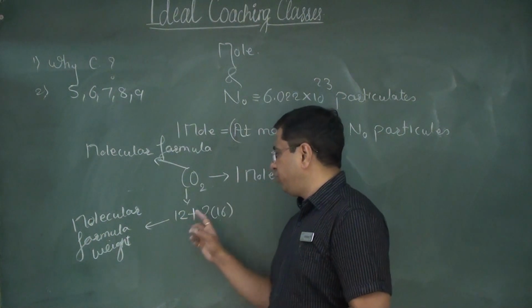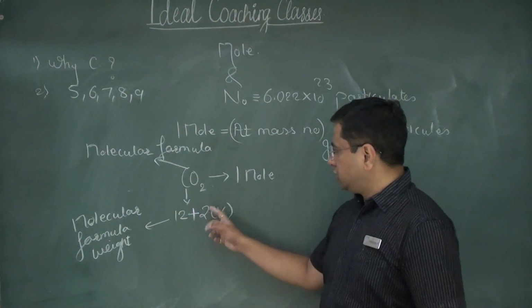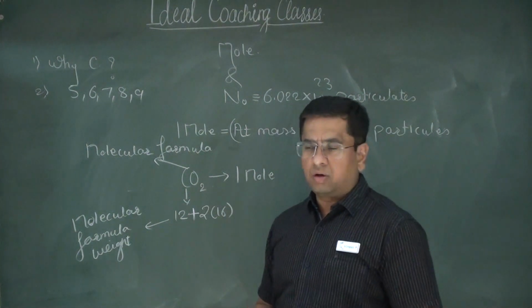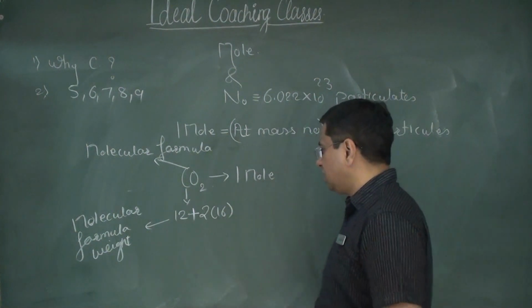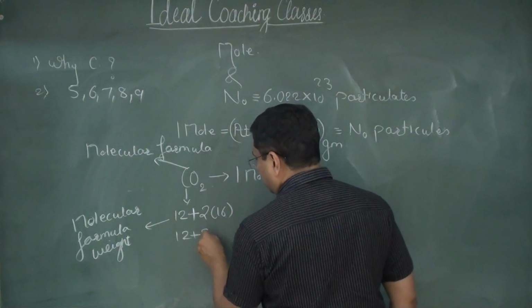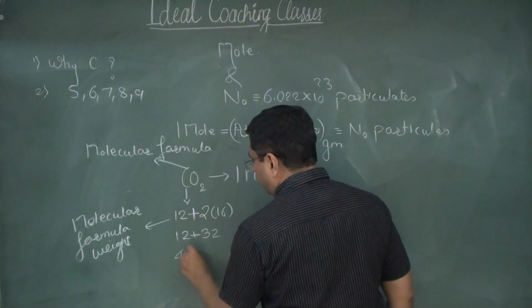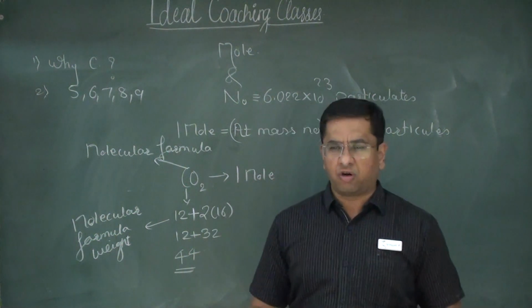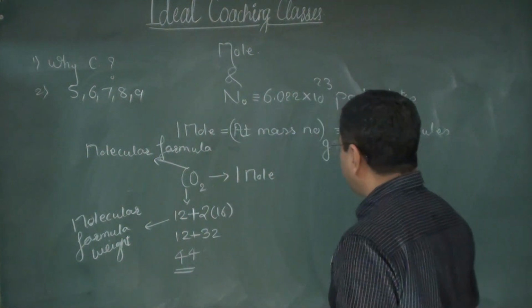Carbon 12, oxygen 2 atoms. Every oxygen atom weighs 16, so this is going to be 16 plus 32, and that boils down to 44. This is the molecular formula weight or molecular mass, and I have to understand the concept.